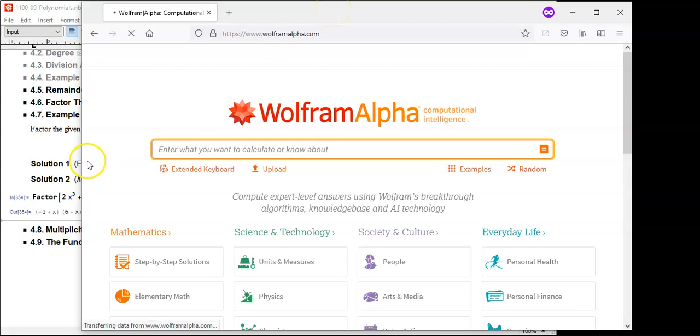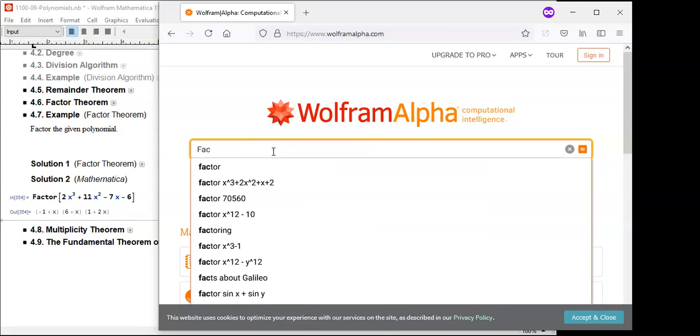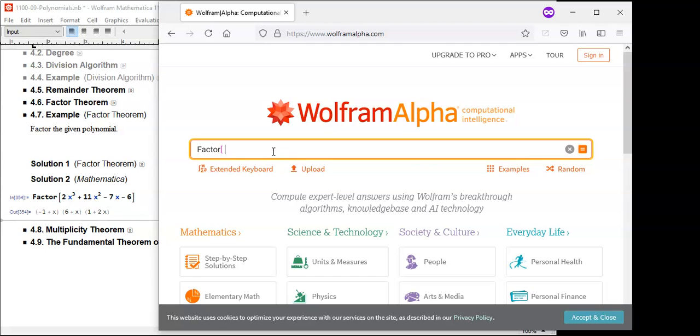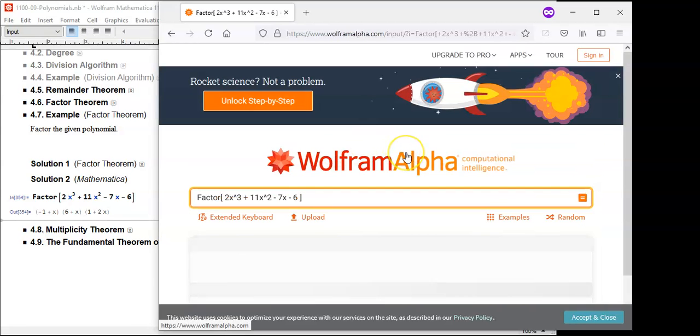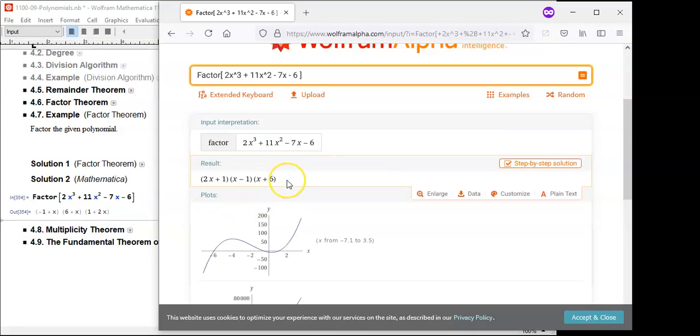And then let's use this mathematical command, the factor command, and then type in the polynomial 2x to the third power plus 11x squared minus 7x minus 6. And then let it run. And of course, we got the same answer as before.